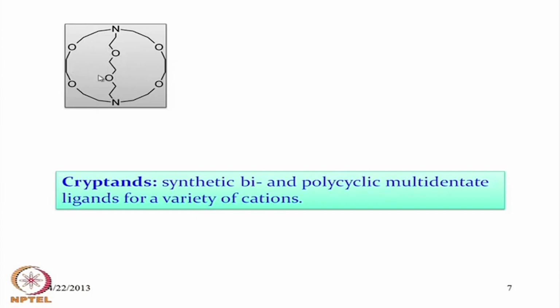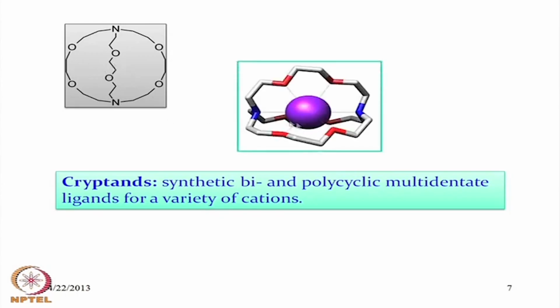within this particular cavity. So, apart from the macrocyclic ligand, this is a bicyclic one which has a sphere-like arrangement and which can trap the metal ion very nicely within this particular cavity. And this particular cavity also gives us this particular coordination.